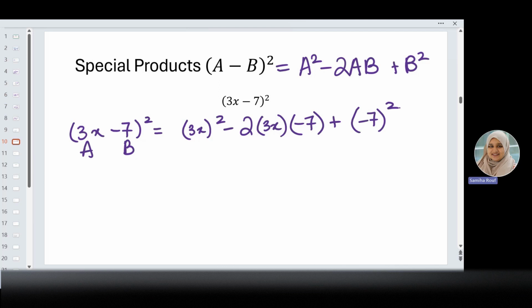Notice when you have a negative, your B term is negative. So now 3x squared becomes 9x squared. Here you're going to have negative 2 times 3, which is negative 6. Negative 6 times negative 7 is positive 42. And then finally, negative 7 squared.